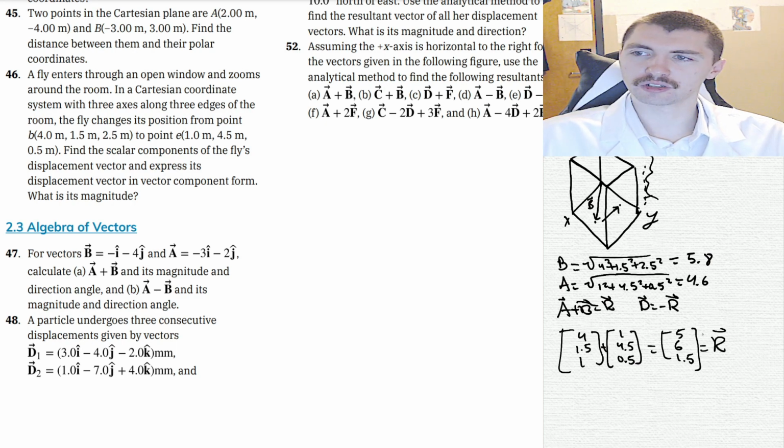Okay, so that should be R, so B should be negative. And these are i hat, j hat, k hat.